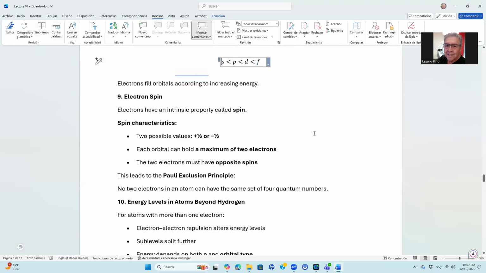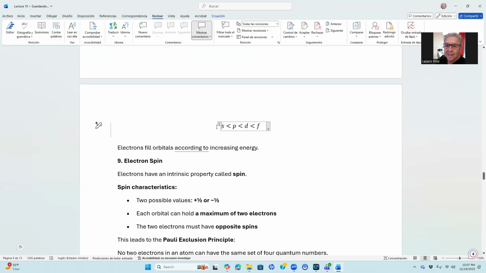Okay, then you can see the energy of the s orbital is lower than the energy of the p orbitals, and this is lower than the energy of the d orbitals, and this is lower than the f orbital. Okay? Then listen to this important information. Electrons fill orbitals according to increasing energy.